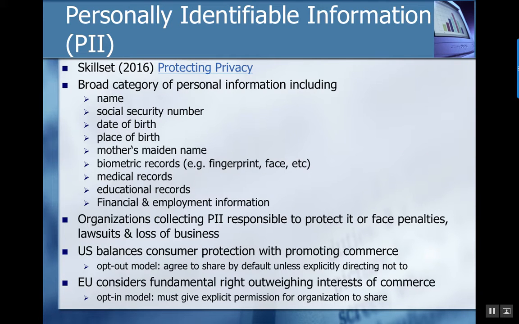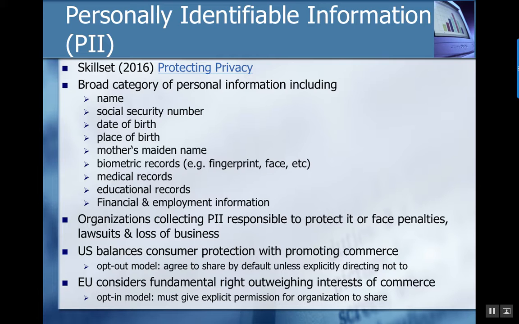Now, PII, personally identifiable information. This is actually an interesting area which has come directly from the world of information technology. So there's a broad set of personal information, characteristics of a person: name, social security number in the United States, date of birth, place of birth, mother's maiden name, medical records, educational records.